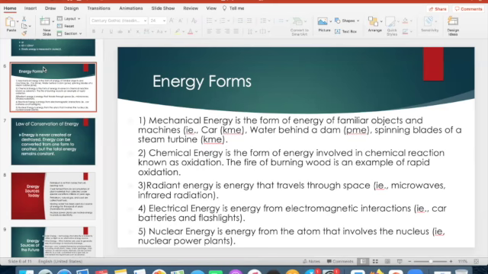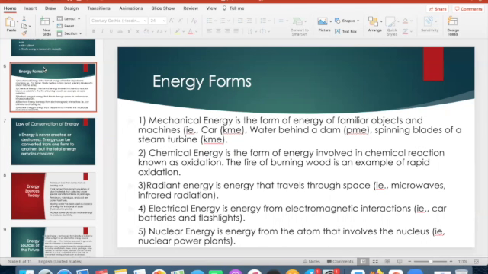So an example of that would be wood that has been set on fire, and it is undergoing rapid oxidation. So it changes the form of that object.